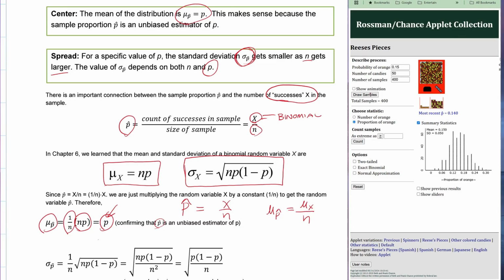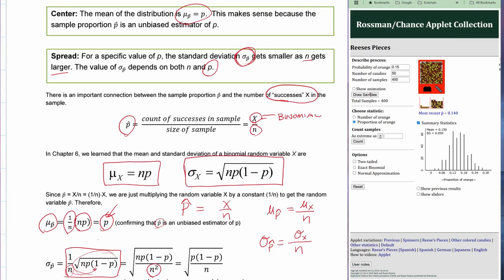Great. Now, what about the standard deviation of p hat, which is the standard deviation of x divided by n? Well, if we start with that formula, dividing by n the standard deviation of the binomial random variable, and we bring the n inside, that action squares it.